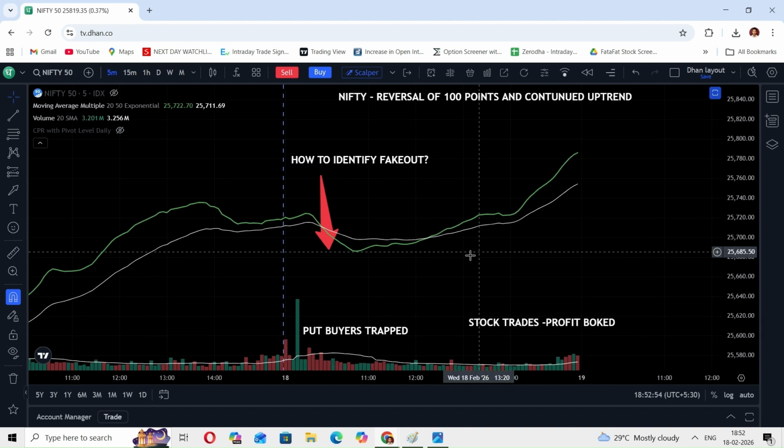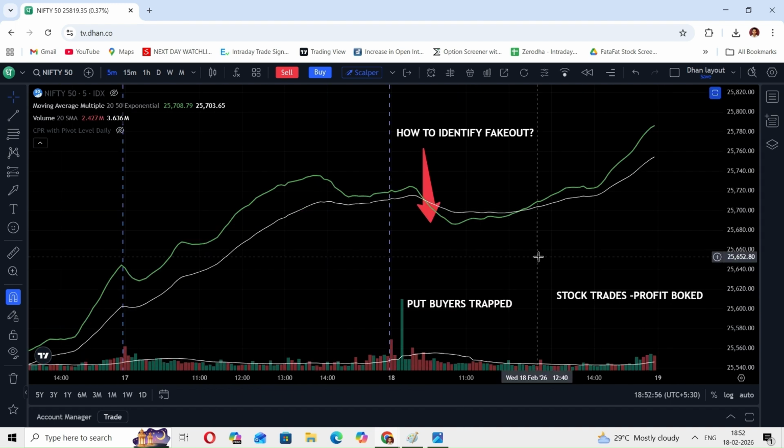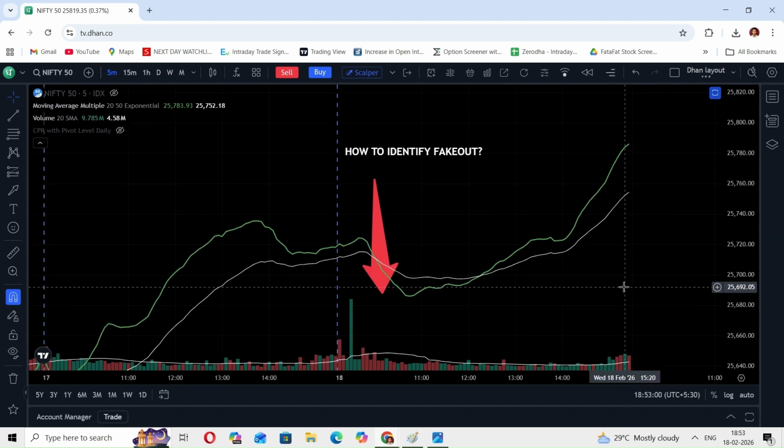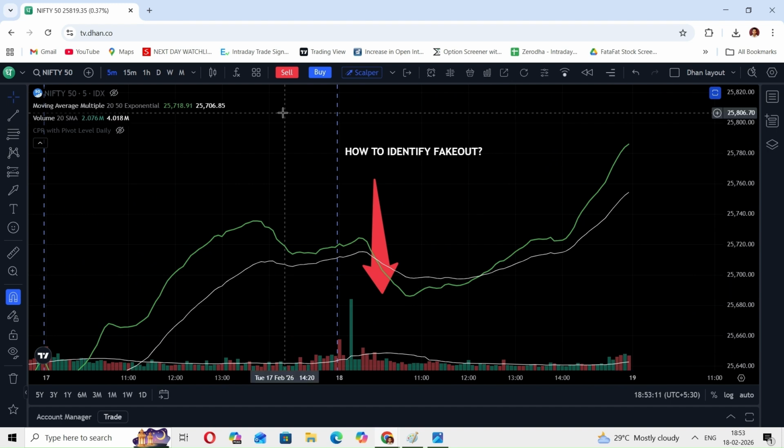We will look for the call trades. This is how simply we can identify which direction to look for trades, whether we need to take call trades, put trades, or whether we need to go long on stocks or short on stocks. Perfect. Let's move to the option charts now.